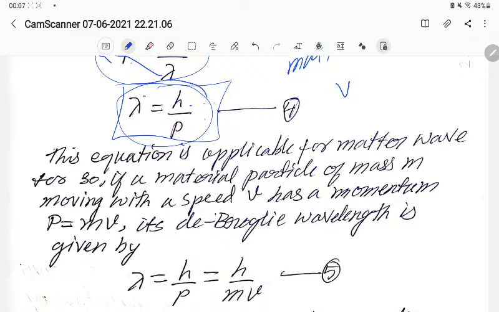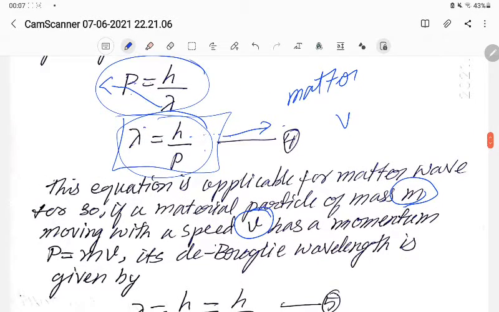This equation is for photon, which is radiation, right? So how to convert this into the matter one? If a material particle of mass m moving with a speed v has a momentum.